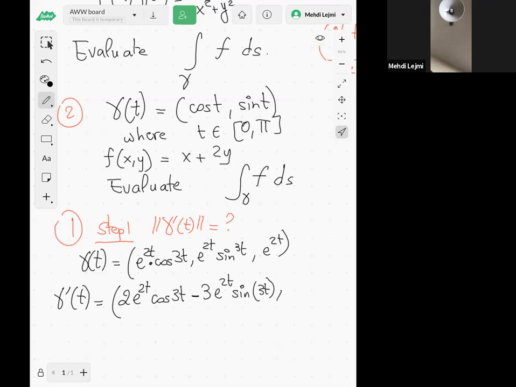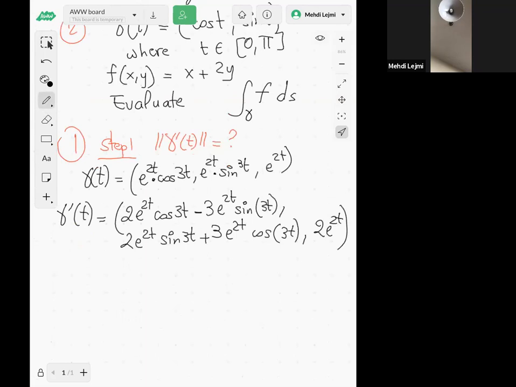And then next, we have again the product. The derivative of exponential of 2t gives 2 exponential of 2t sine of 3t, and the derivative of sine is cosine, so plus 3 exponential of 2t cosine of 3t.